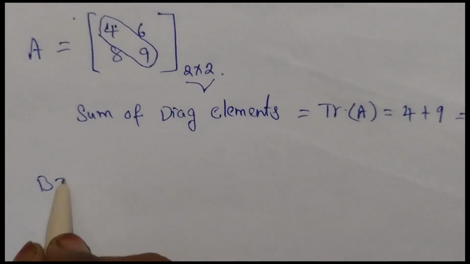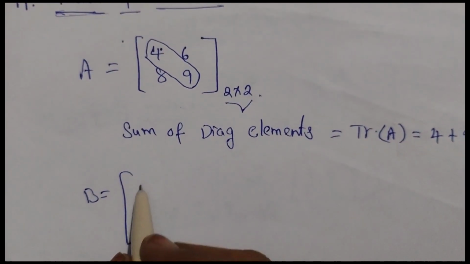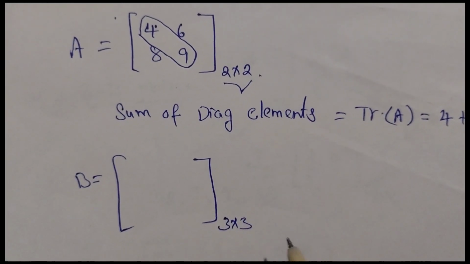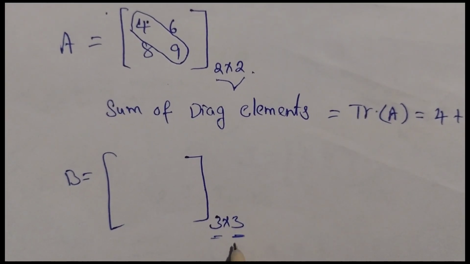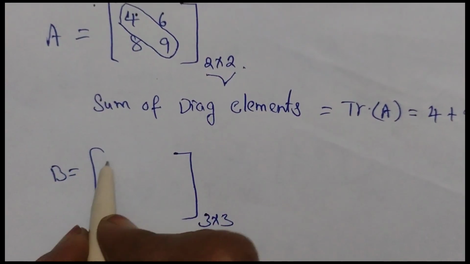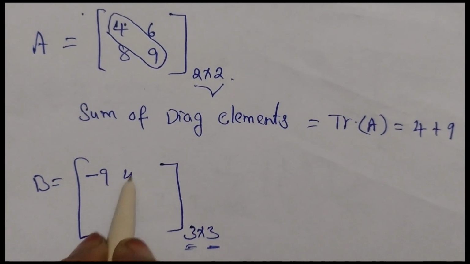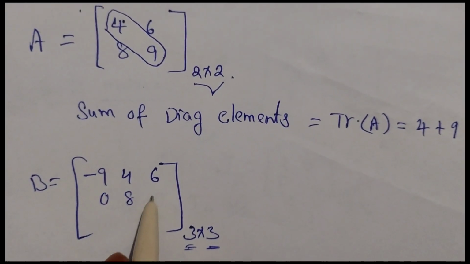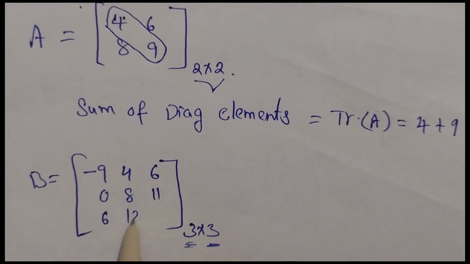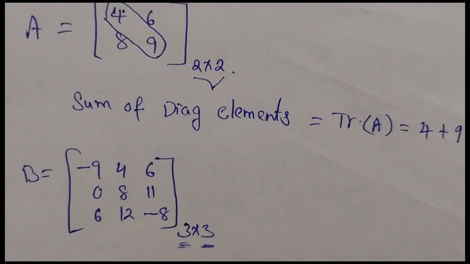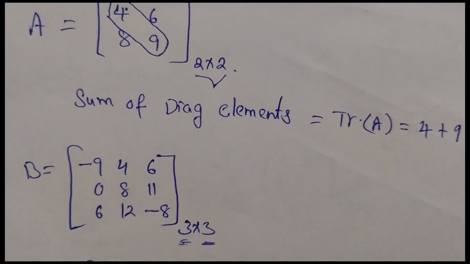Take B as a 3 by 3 matrix, because we only use square matrices, where the number of rows and columns are the same. Take another example, 3 by 3: minus 9, 4, 6, 0, 8, 11, 6, 12, minus 8. What is the trace of this matrix?